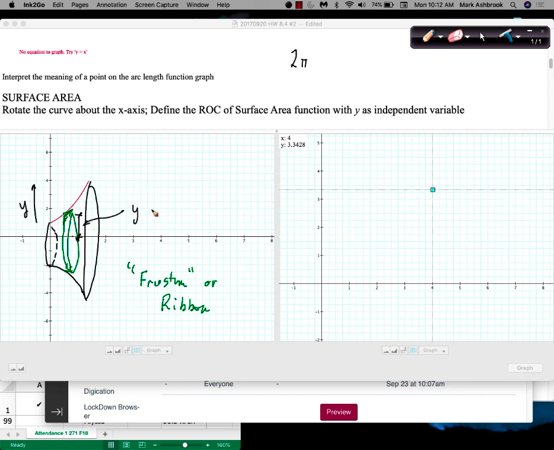Okay? So the radius is a y coordinate, so it should be 2 pi. So first of all, we're going to start off with our left-hand side for defining the rate of change function. So what do we want to call that? Rate of change of surface area, and I'm going to put another little subscript g.